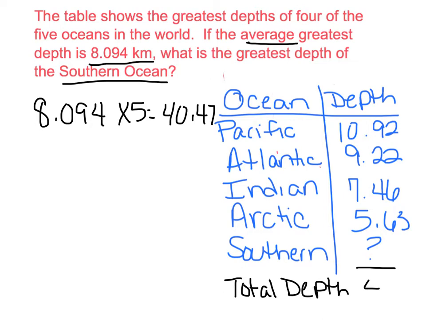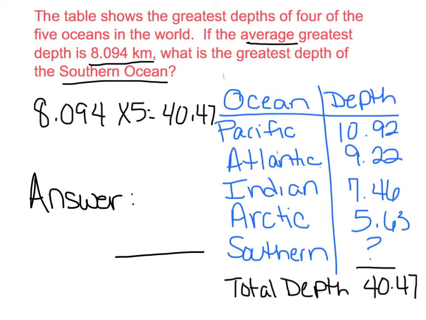Now you're going to want to take that total and subtract out the depths that you already know, Pacific, Atlantic, Indian, Arctic, and that will give you your missing piece here, which is the Southern. When you have finished, please write your answer right here. Okay, and show that to your teacher as well. Okay, go on to your last.